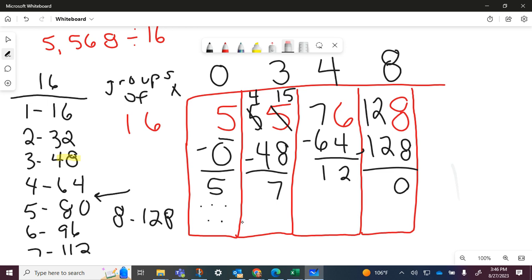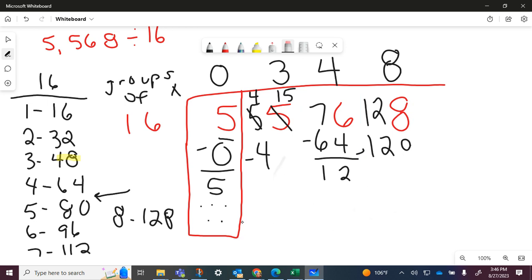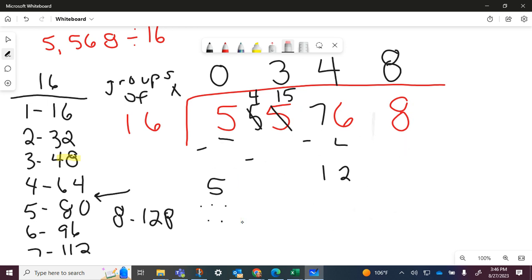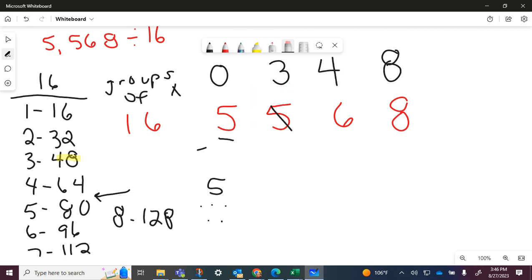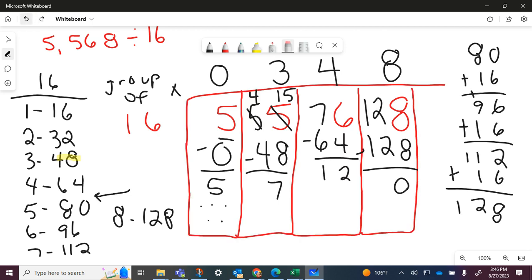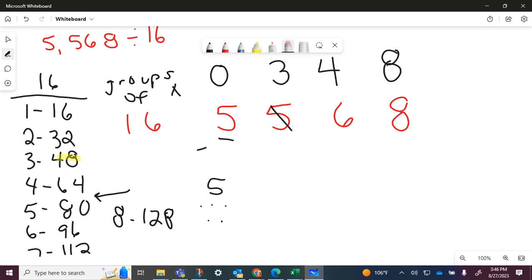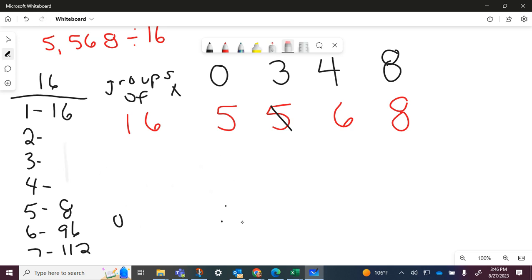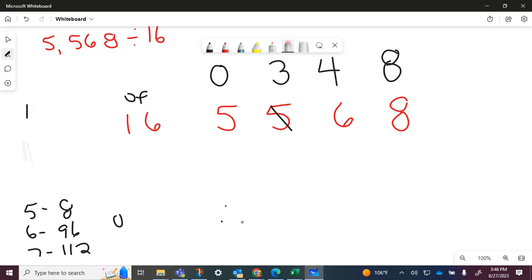All right, now what we're going to do, let me get rid of some of this here. We are going to take our answer, and let me just clean this up so I can have some space.